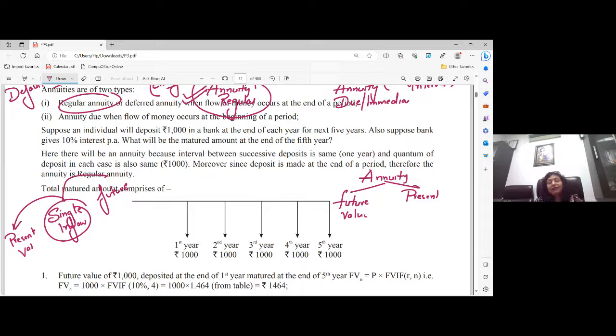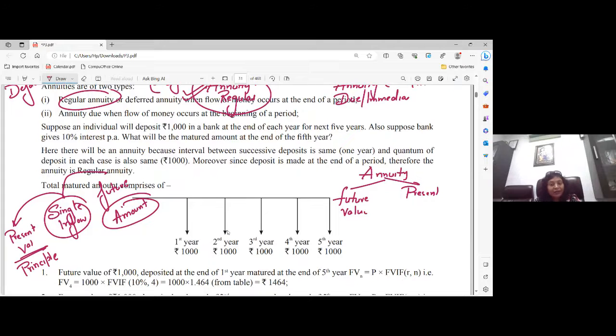If I am investing an amount in lump sum, the amount I invest is called principal, which is the present value. And whatever amount I get after expiry of the time period is called future value. So in a single inflow, there is present value as well as future value in the same investment.